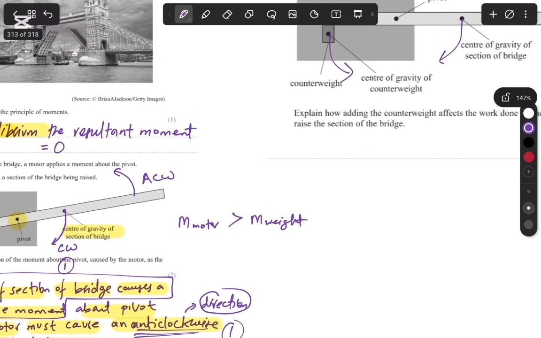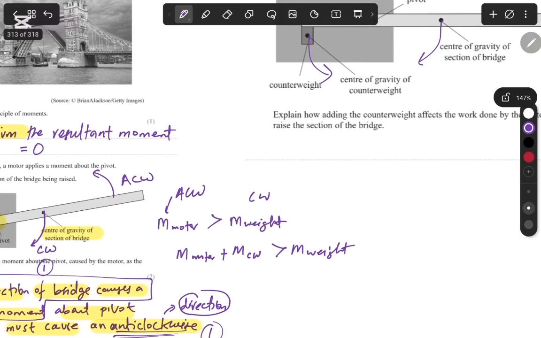Now what's going to happen is that, remember, this is anti-clockwise, this is clockwise. Now we're going to have moment due to motor plus moment due to counterweight should be greater than moment due to weight. Basically, the moment that we need from the motor is going to go down because we're getting help from the counterweight.